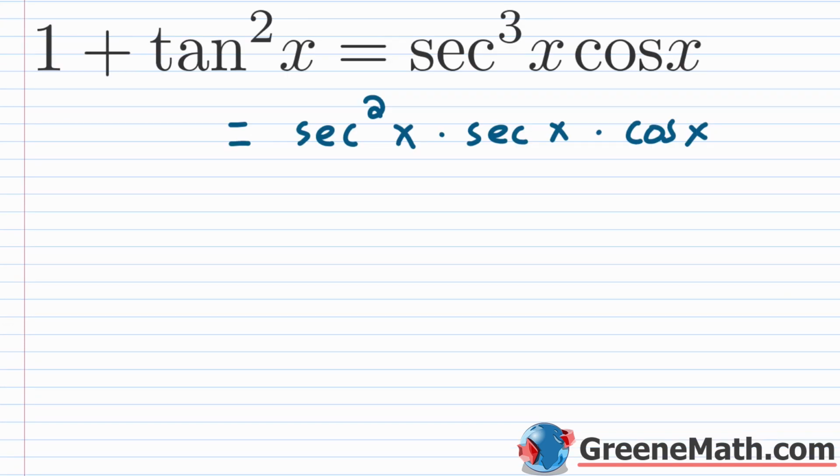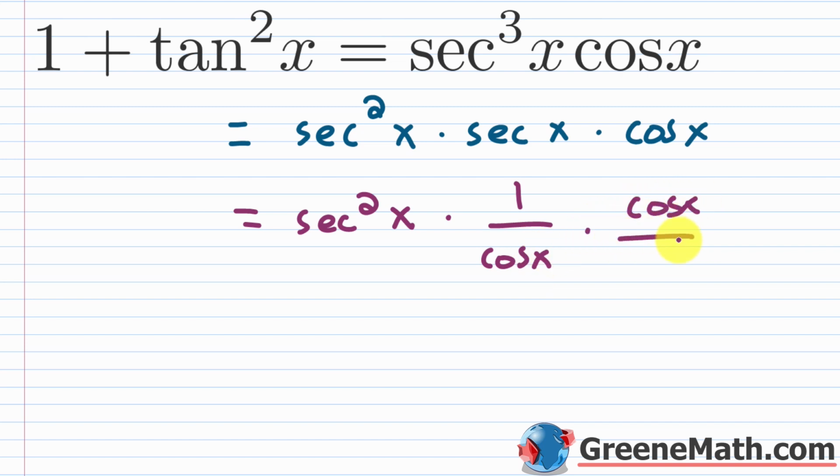Let me write this out so that nobody's lost. So I'm going to put secant squared x again, and then times, for the secant of x, you could write that as 1 over the cosine of x, and then you have your cosine of x there. You could write that over 1 if you wanted to, and I'm just going to cancel this with this. So at the end of the day, you just have your secant squared x.